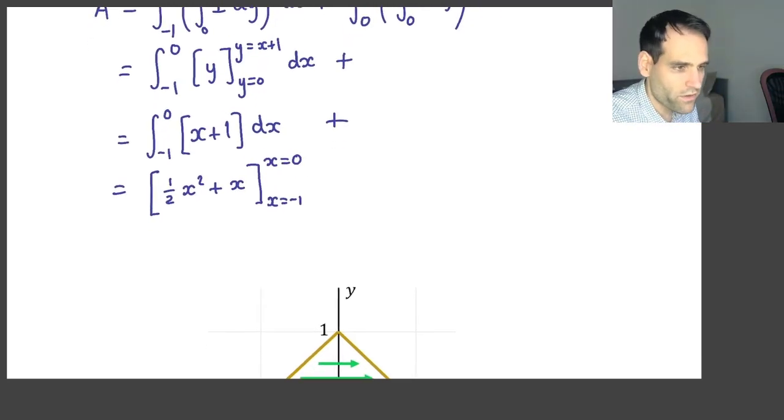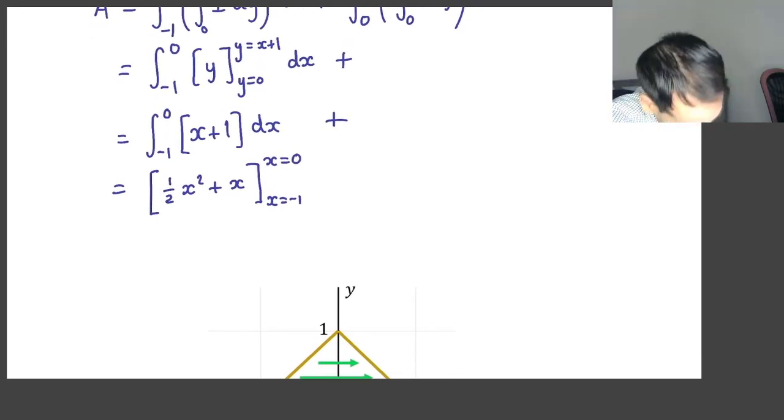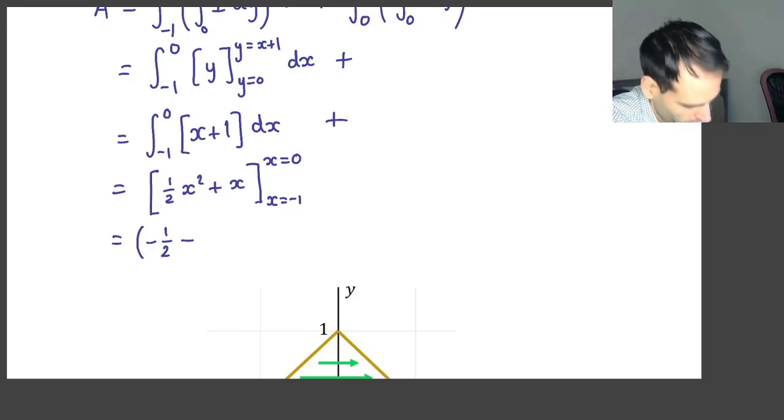Okay? So the result of this is what? This is 0 plus 0 minus 1/2 and then plus, so minus x with x equals -1, so this is plus 1. So this is the result of this first part.